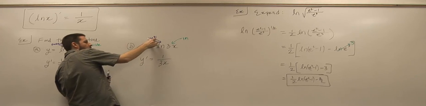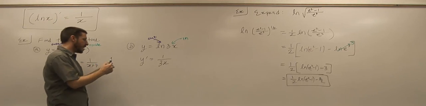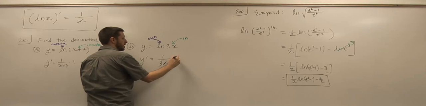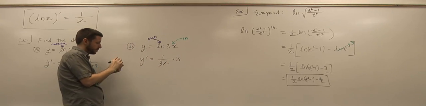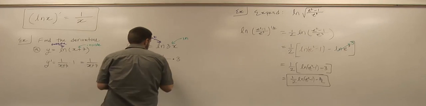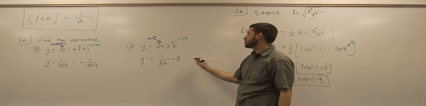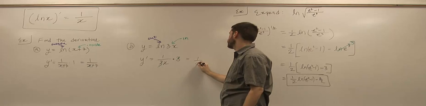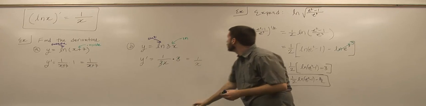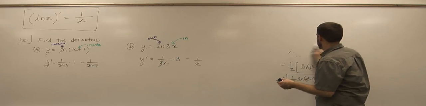Derivative of natural log is 1 over whatever's inside, but then times the derivative of the inside. So it's just 1 over x again. So multiplying natural log by a constant doesn't change its slope. That's one. I don't have to do the rest.